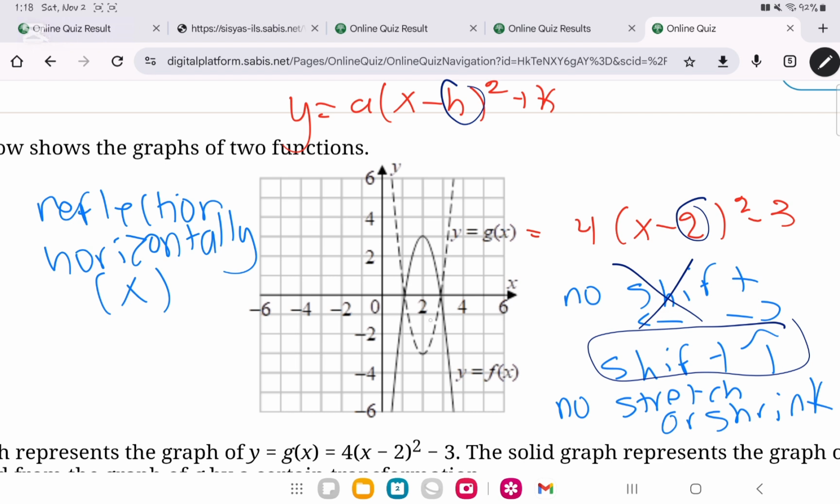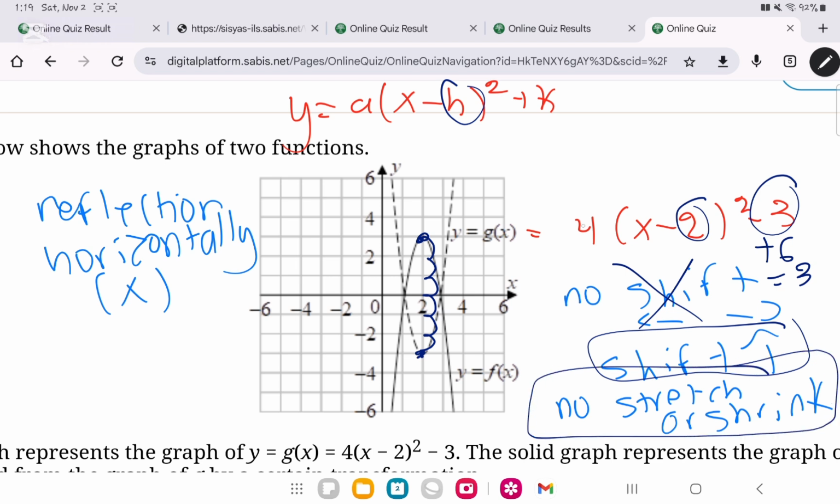Let's see by how much the shift is. This is our original graph, and this is our final graph. So it's 1, 2, 3, 4, 5, 6 units upward. That means very simply to our k, we're going to add 6 and we get our new k, which is 3. Since there is no stretch or shrink, this number remains constant.